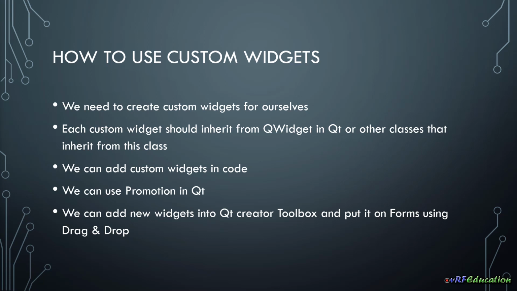But in the third solution, we can add our new widget to Qt Creator toolbox and then put it on forms by drag and drop, just like all other standard widgets. We can use Properties section to manipulate widget fields, and the most important thing is that we can see at design time what we will have at runtime.